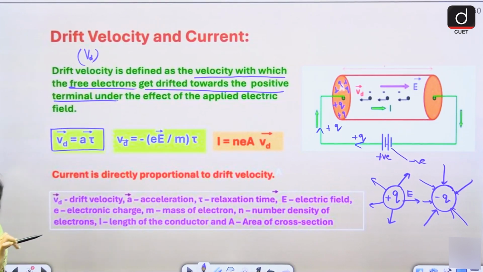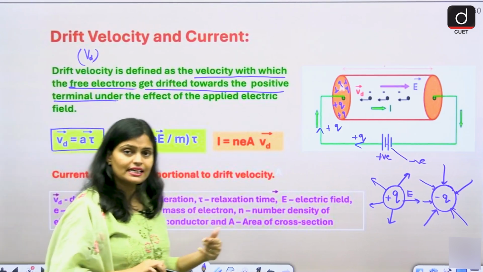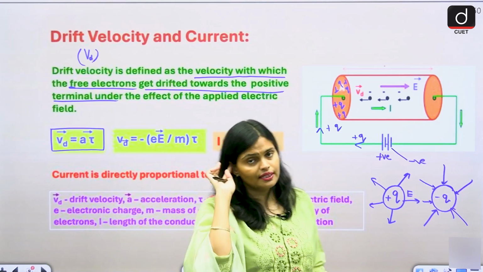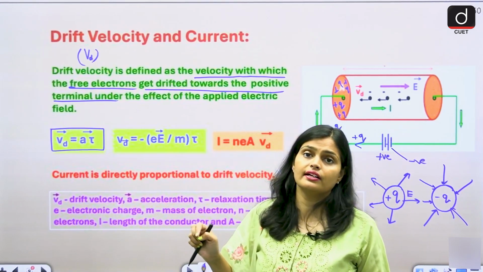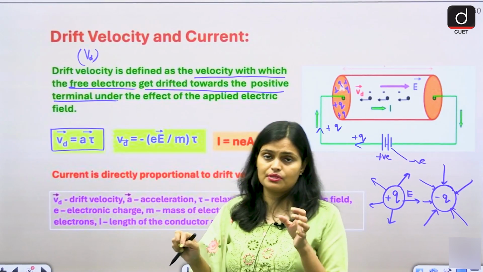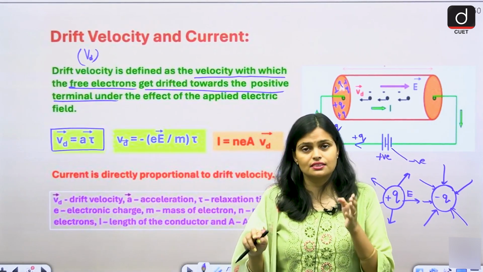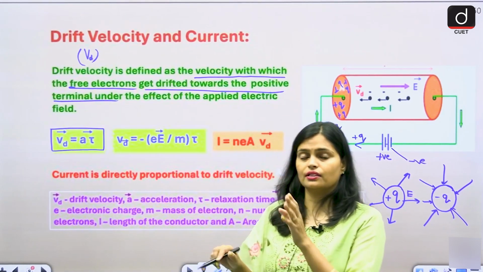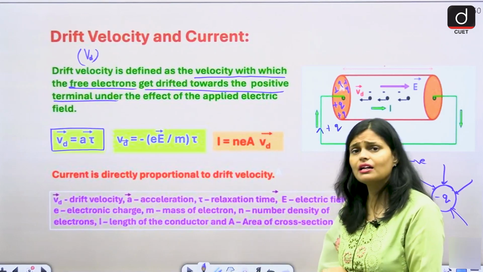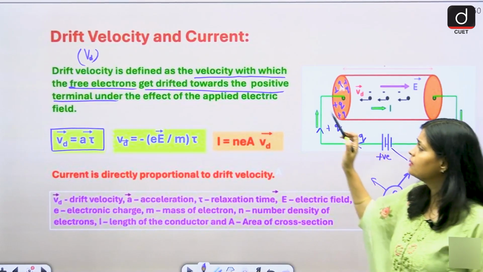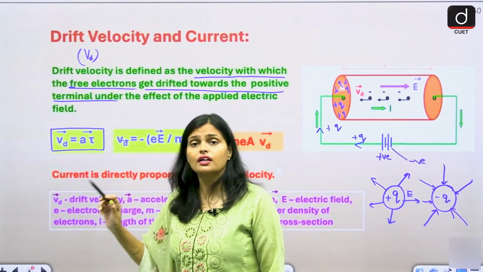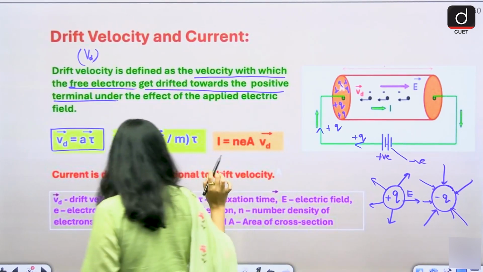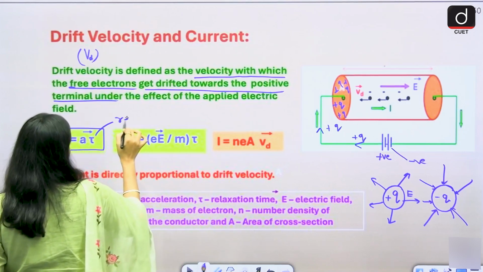Now what is a and what is tau? a is the acceleration, the change in velocity per unit time. In case of an electric field, it is defined as small e, capital E, that is charge of the electron multiplied by the electric field, divided by mass. Now tau is the relaxation time. What is this tau?